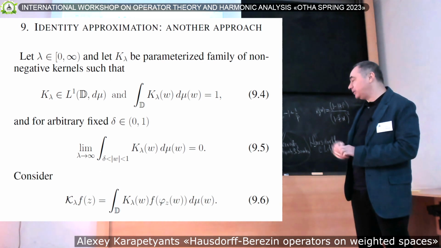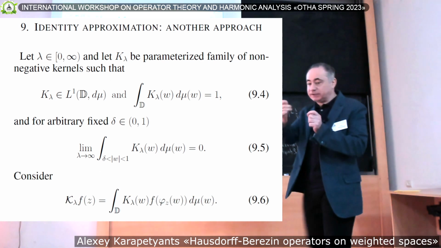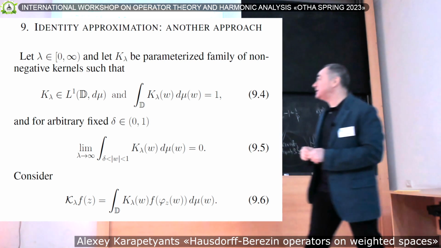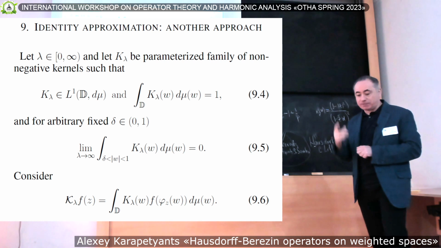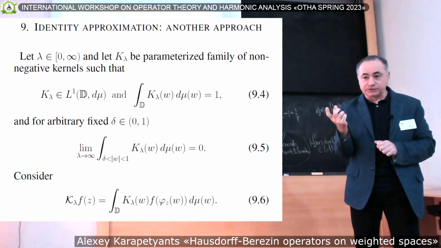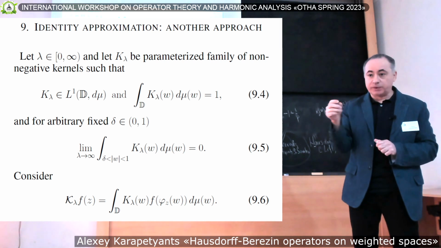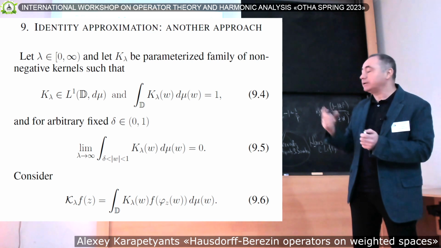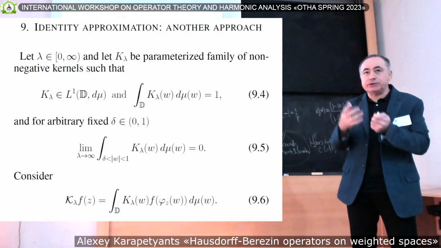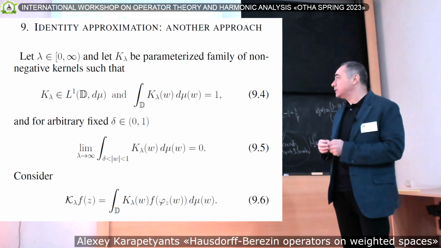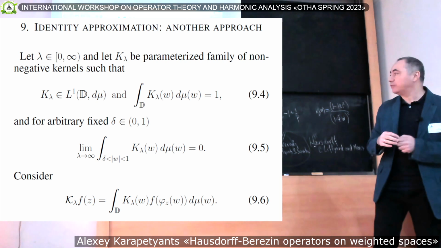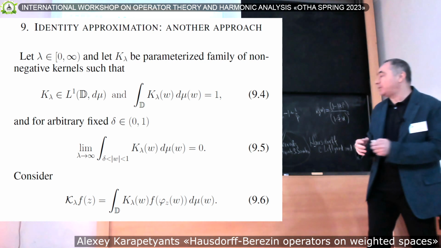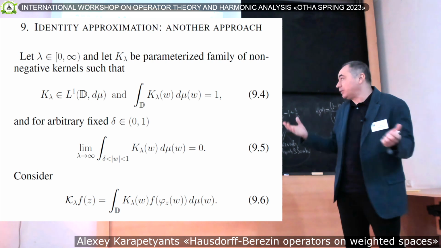Another idea. You see, the first idea was to put epsilon inside of the Möbius transform. But this is another idea, related to, you remember I mentioned, the property of the Berezin transform. It provides some kind of approximation. So since these operators inherit in some sense properties of the Berezin transform, there should be a property also of approximation with respect to some parameter.